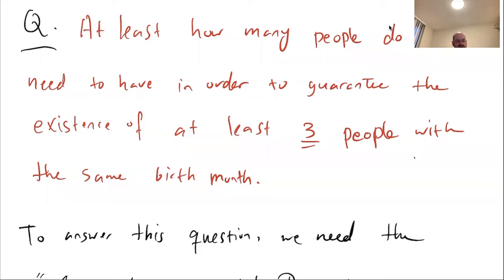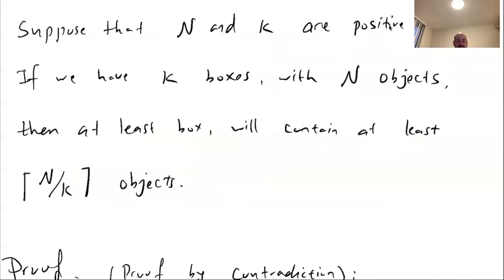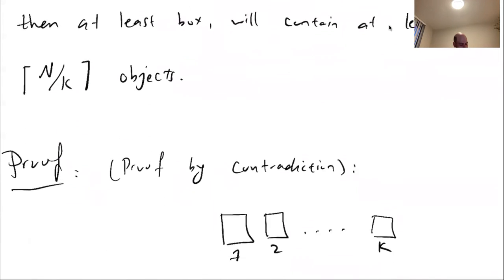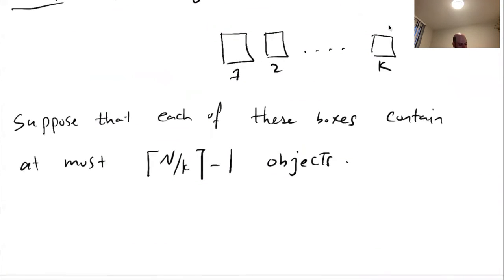In the case of having 12 boxes, then we need 25 objects, which is ceiling of 25 over 12. So we could get the idea or make a guess from that example that the number here must be ceiling n over k.